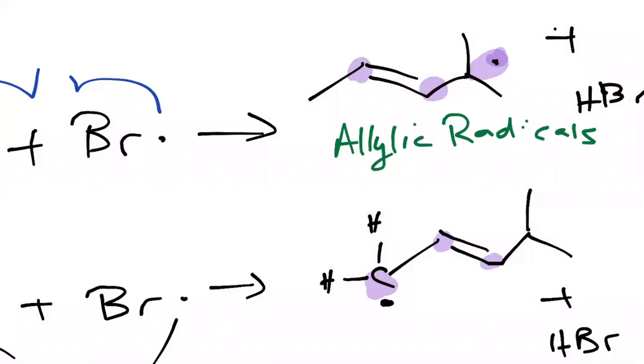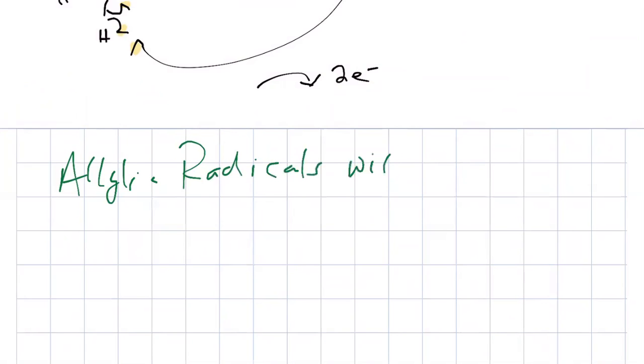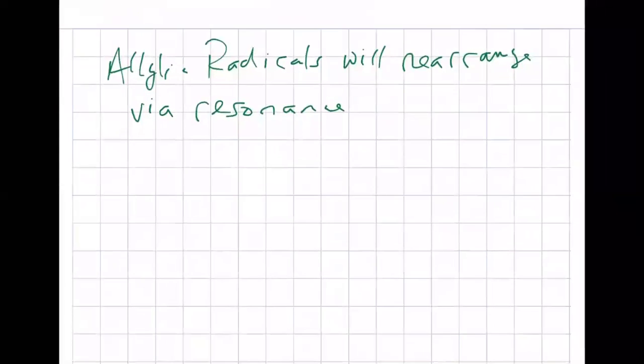So let me just copy these real quick, and we're going to show the resonance forms down below. I don't care about the HBr. Right, so anytime you make that allylic radical, you're going to have a resonance form.